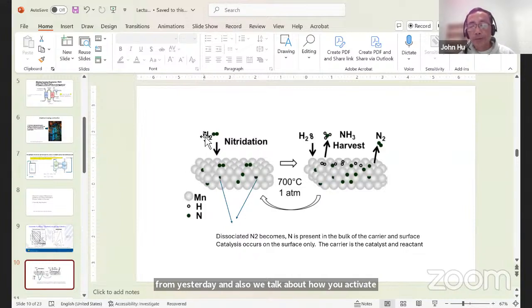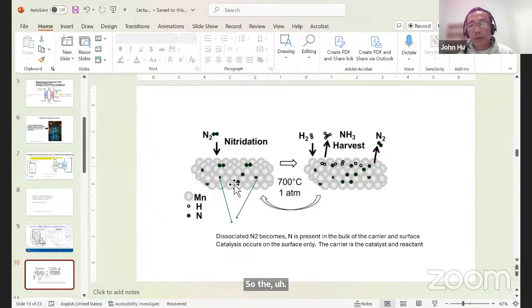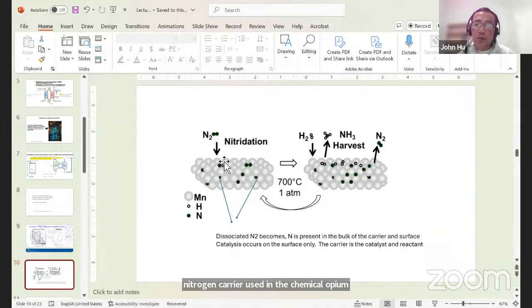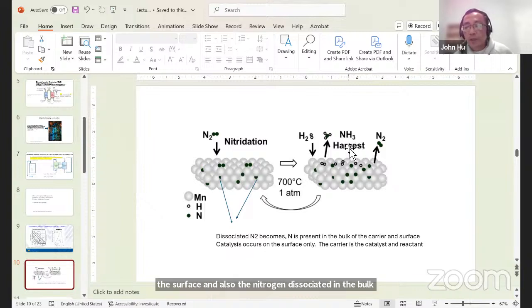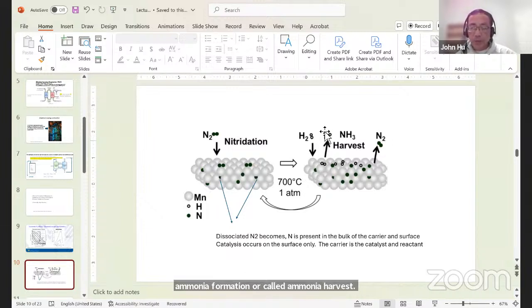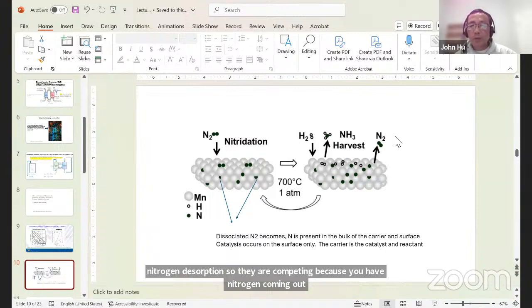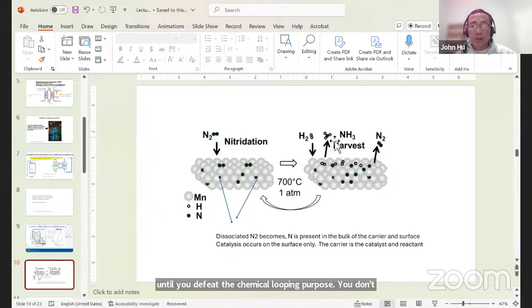The nitrogen carrier used in chemical looping not only has a catalytic function, but also uses the bulk to activate N2, so there is nitrogen on the surface and also nitrogen dissociated in the bulk. We also talked about the competing reactions, ammonia formation, or ammonia harvest, and nitrogen desorption. They compete, because if nitrogen comes out as N2, you defeat the chemical looping purpose. You don't want nitrogen to come out, you want ammonia to come out.